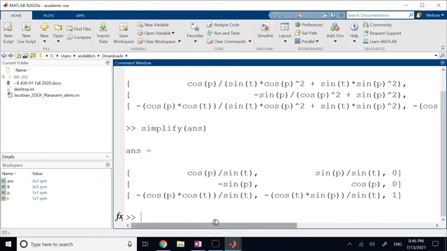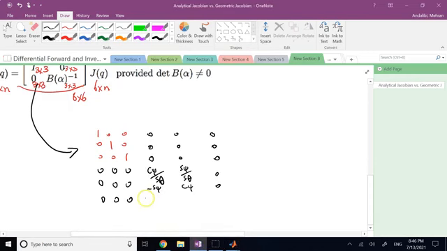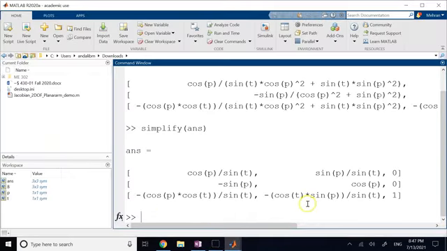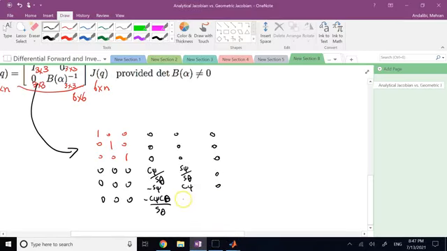And finally, negative cosine psi cosine theta over sine theta, negative cosine theta over sine theta sine psi, and 1. So it's the same as this, except it is sine of psi.